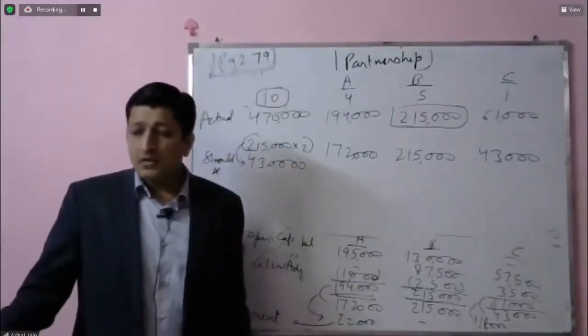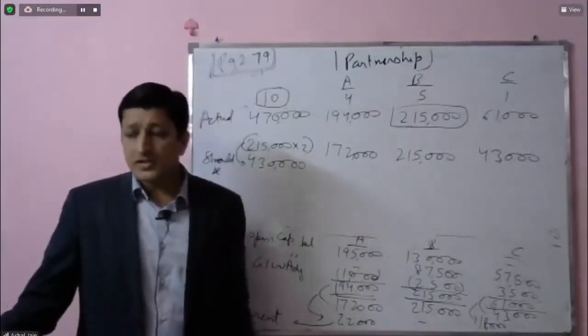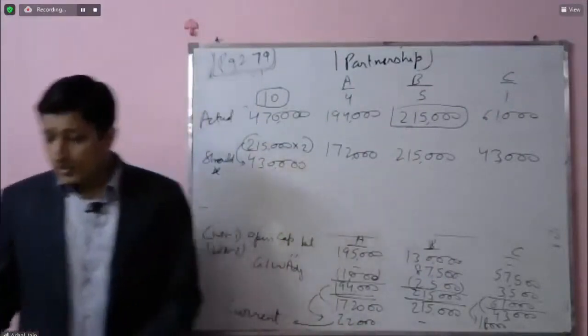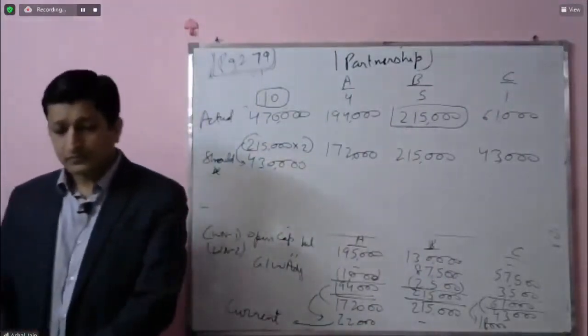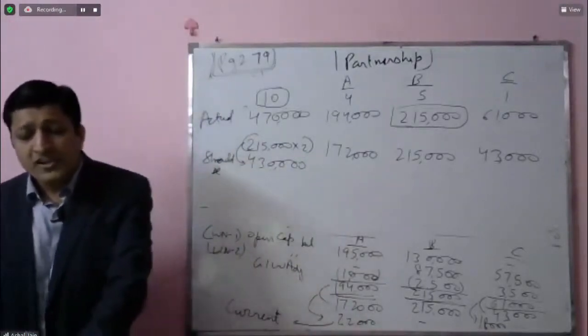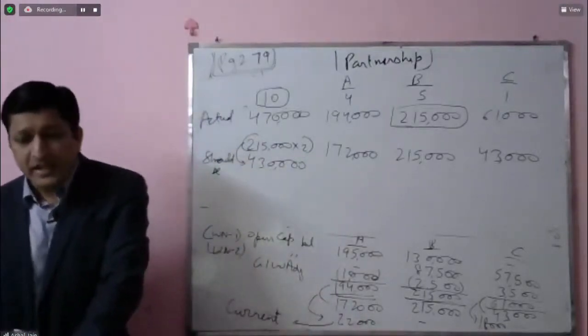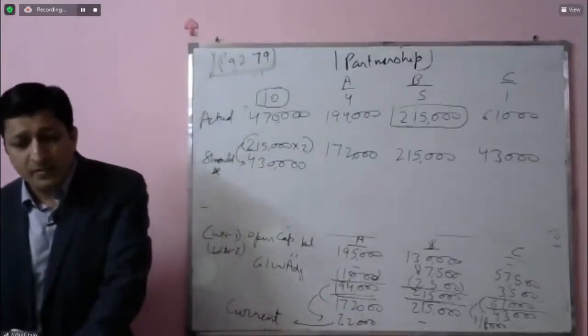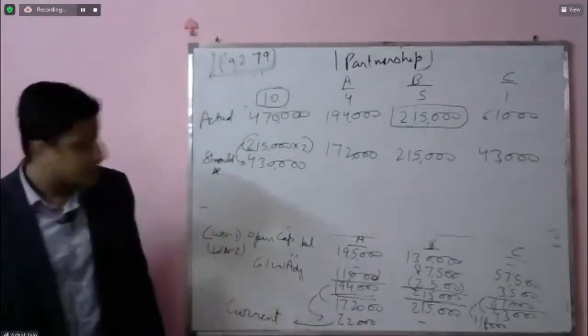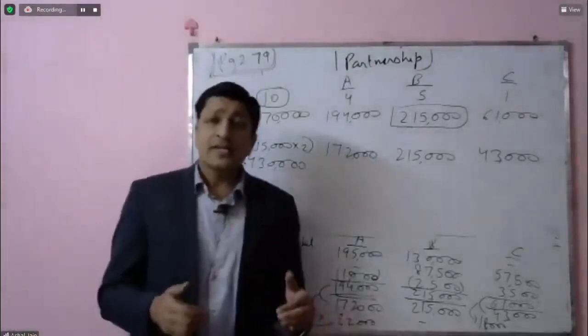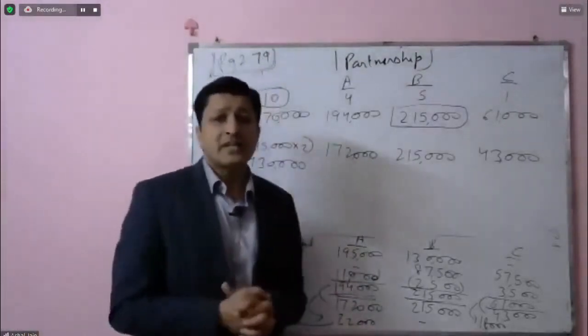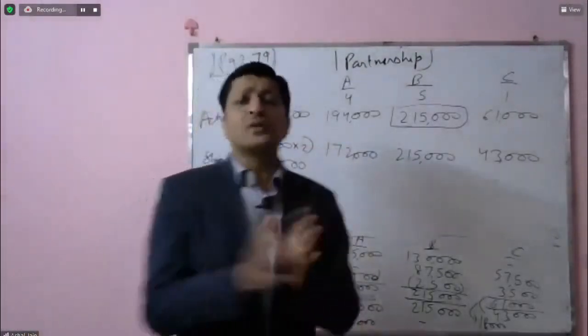I think many of you have already solved this and shared the workings, which is good. Ayush is asking, sir, even if the question is silent, we still have to consider B as the base because B has the... See, this working of keeping any of the partners' capital as the base capital will only be done if the question specifies.